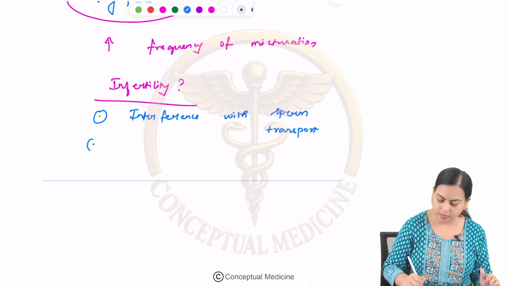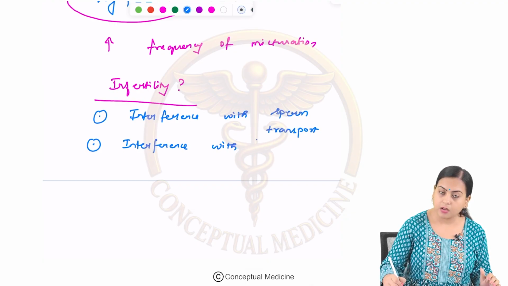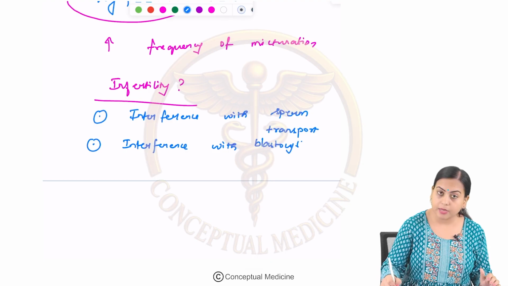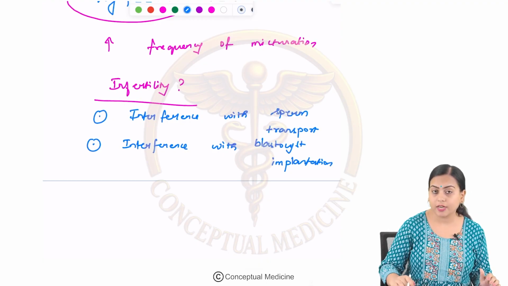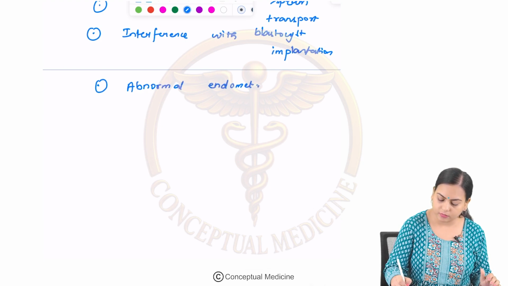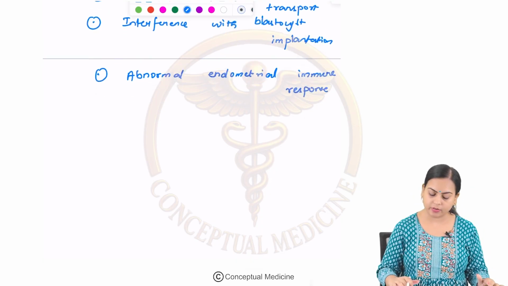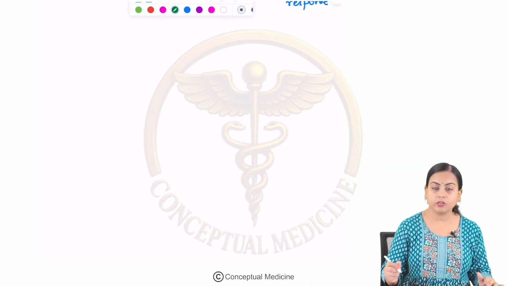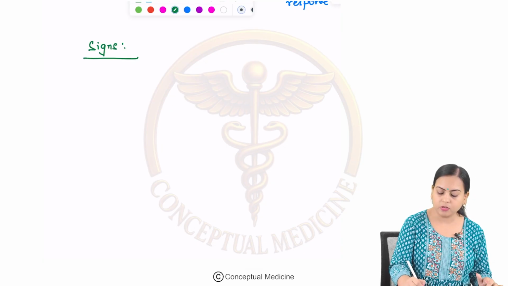Second point, there is interference with blastocyst implantation, and you can also have abnormal endometrial immune response. Clear? Right.